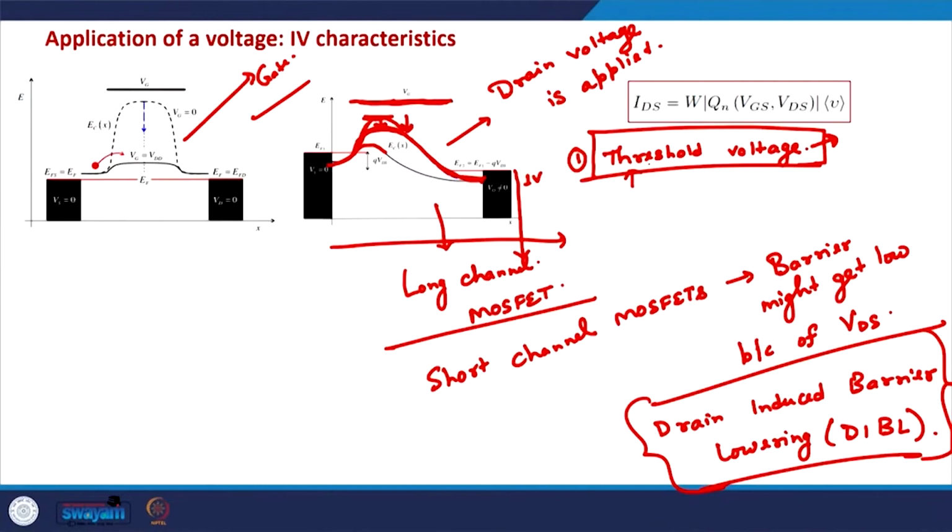So we know what the threshold voltage is, at least qualitatively. We also know what drain induced barrier lowering is.